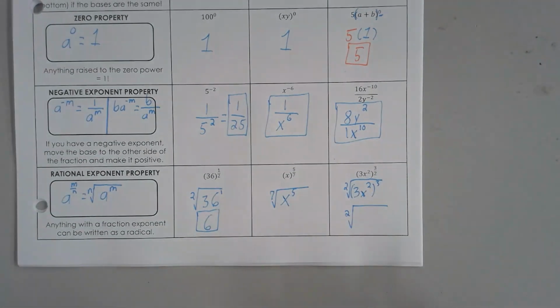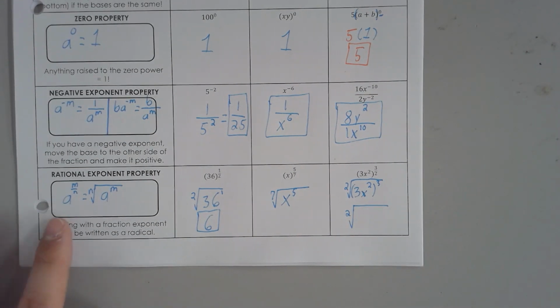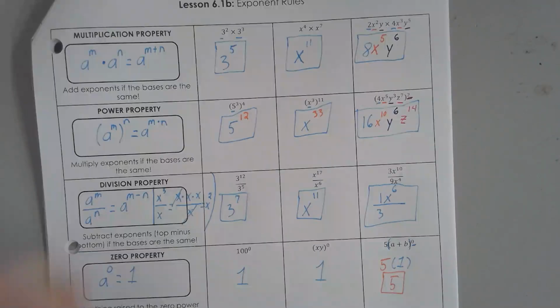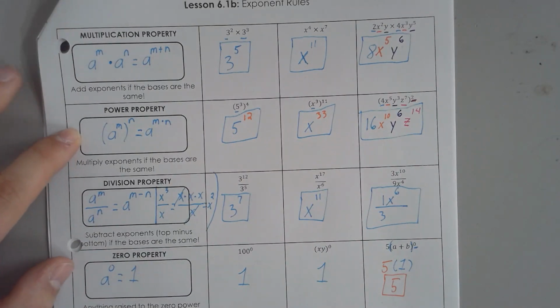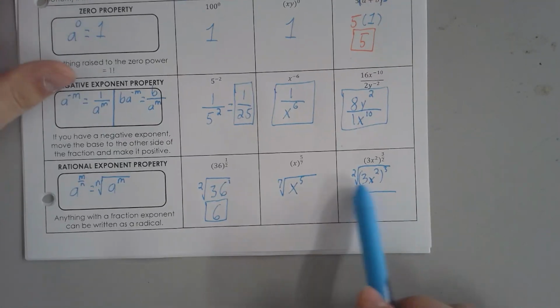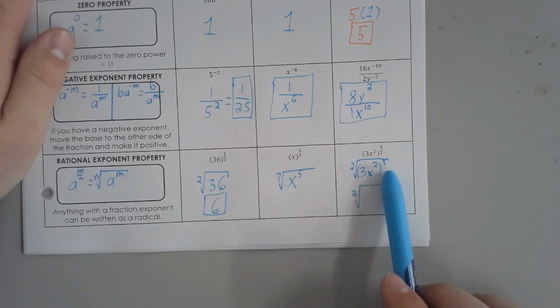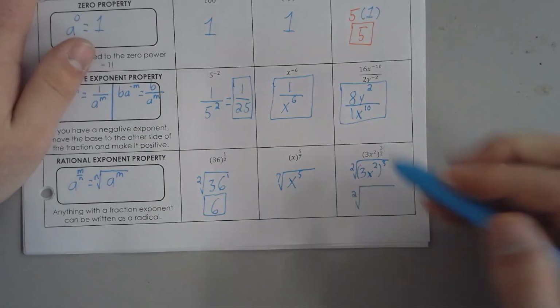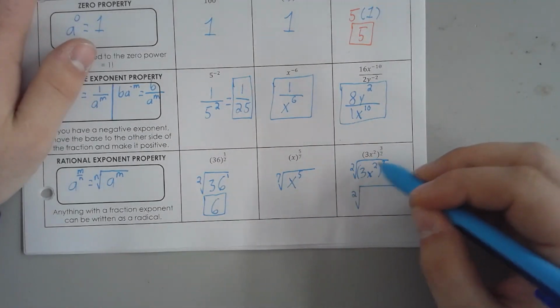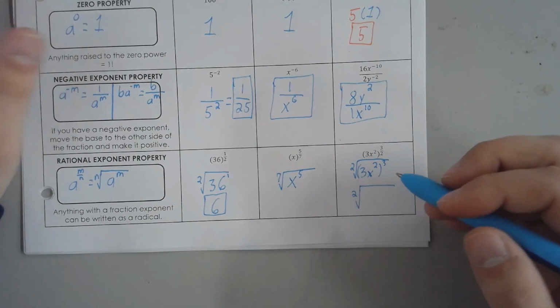So now we've got like a 2-in-1. We've used the rational exponent property, and we're also going to have to use the power property up here, because we've got to do this 3x squared raised to the 3rd power. So everything that's inside the parentheses is getting raised to the 3rd power.